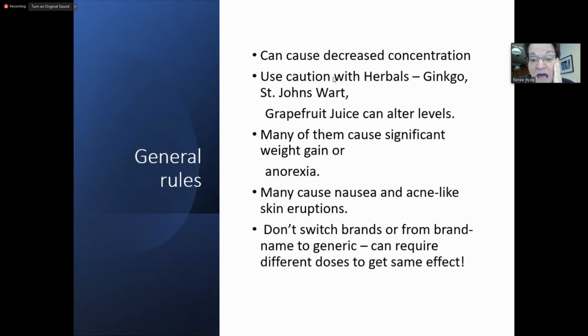And it may take adjustments to get the same effect.